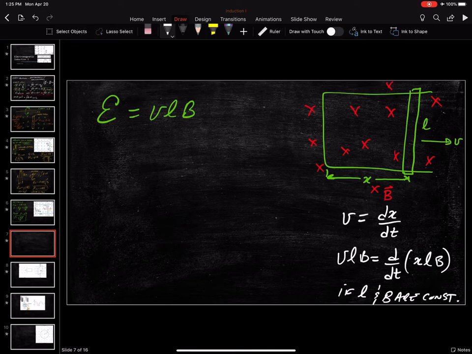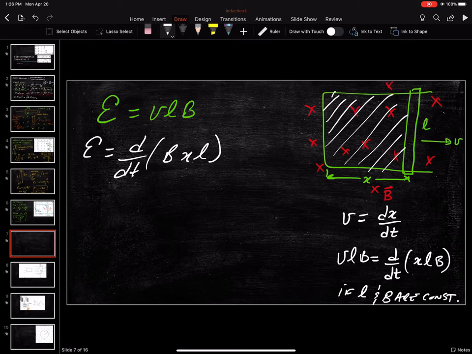So I can write my E induced, this induced voltage, as d dt of B times x times L. Nice. But look at what x times L is. x times L is just this area here.